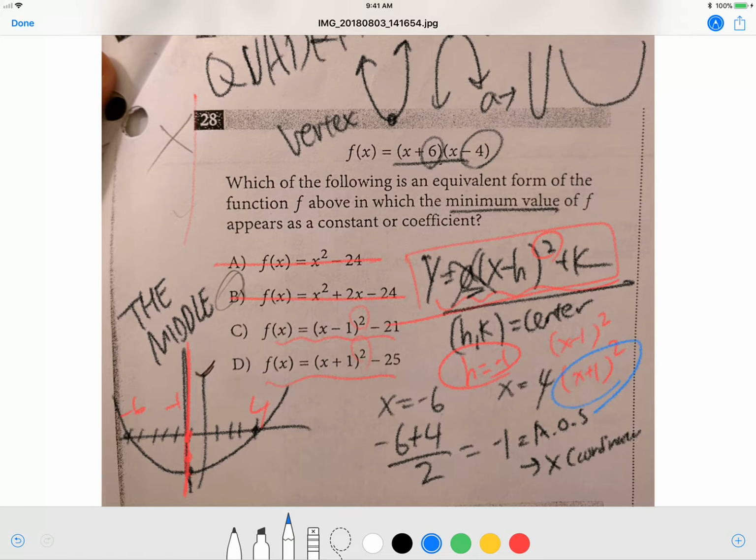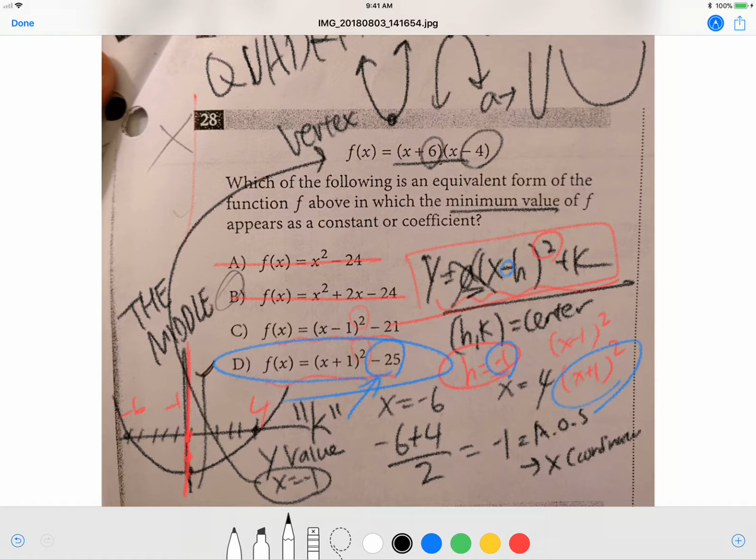The answer is obviously x +1, because -1, and then there's another negative sign here, double negatives make it a positive. Okay? And so then how would I solve for this value, which we're going to call k? Well, the k value is your y value for the vertex, right? So just plug x equals -1 into your original function and get your y value. And it's going to turn out to be -25.